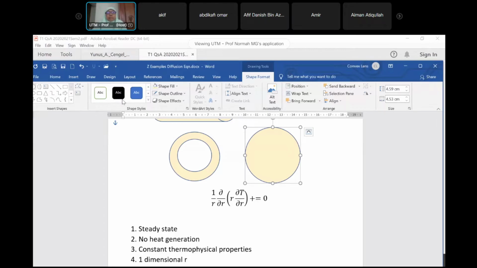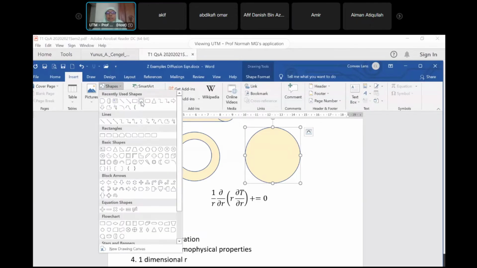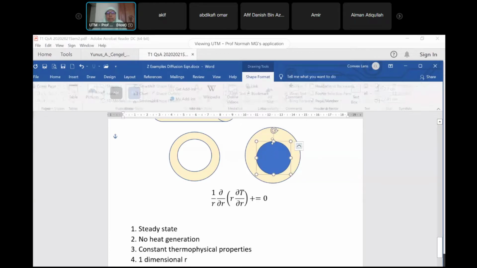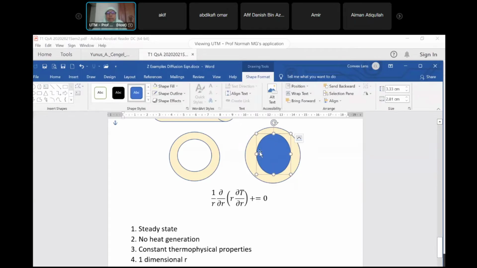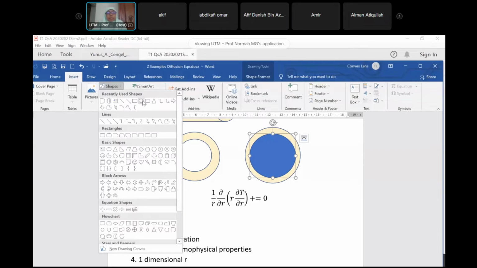And then I need to insert another circle because I want to take that. Okay. That's one. And then I want to insert another one.